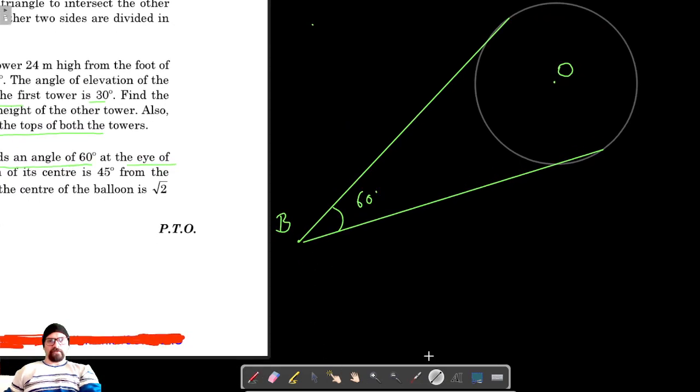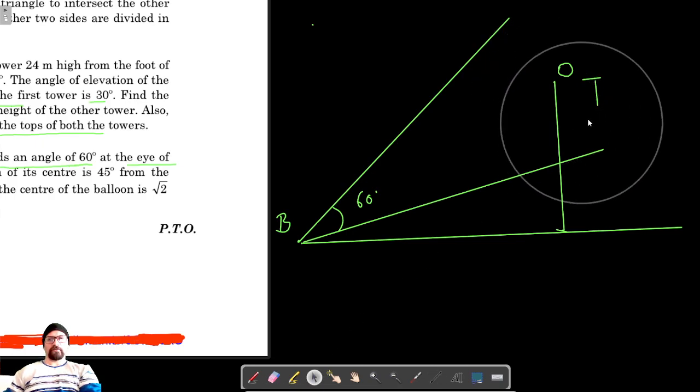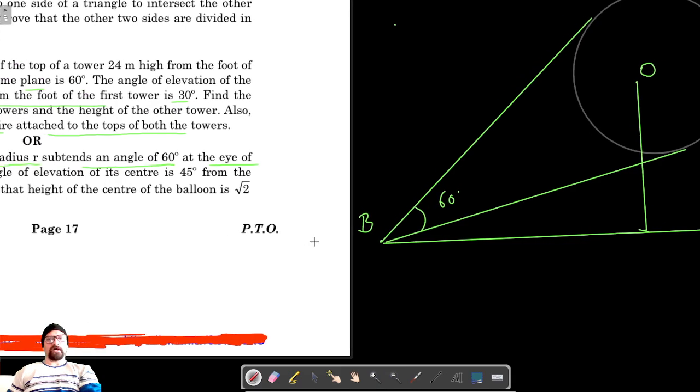And let's say this is our horizontal at the level of the observer's eye. Now, this is the height of the balloon's center from the observer's eye.